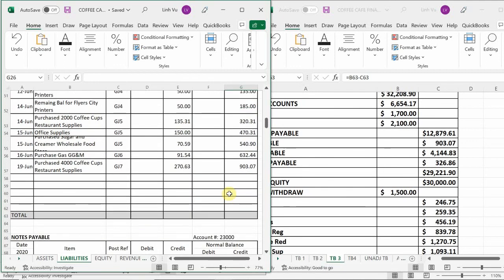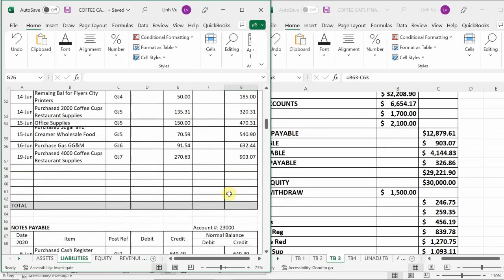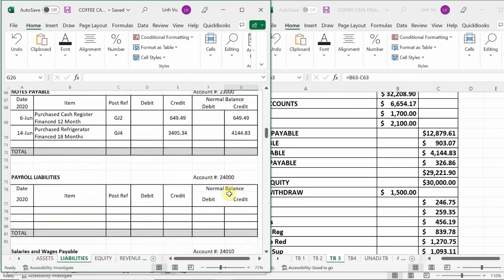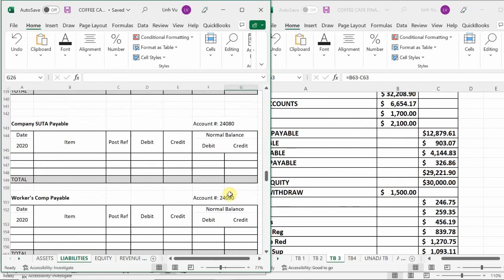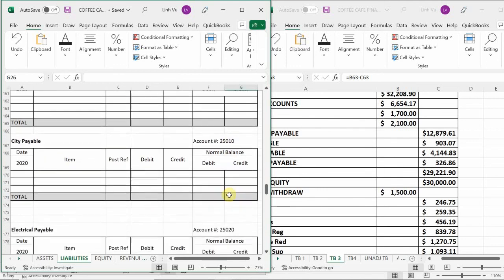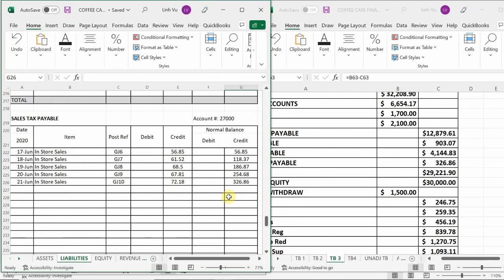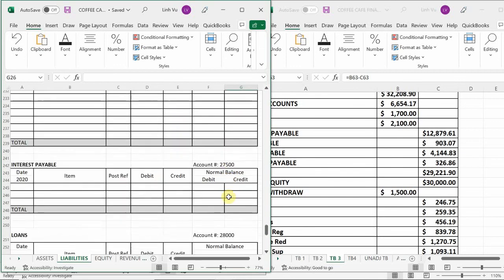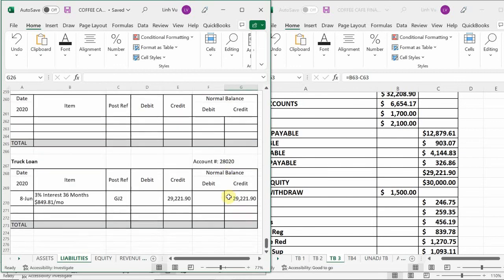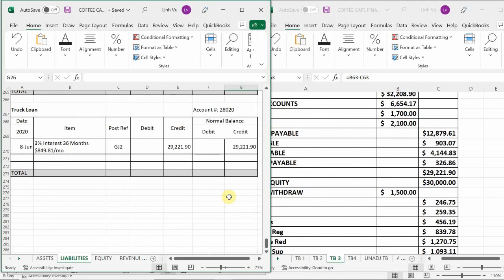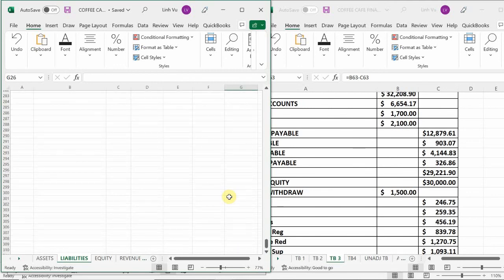My Visa payable is 903.44. Okay. Sales tax, let's see my sales tax. Sales tax is 326.86. So that's correct. My loans is still 29,221.90. Okay, so that's correct. I know for a fact that my equity is 30,000.